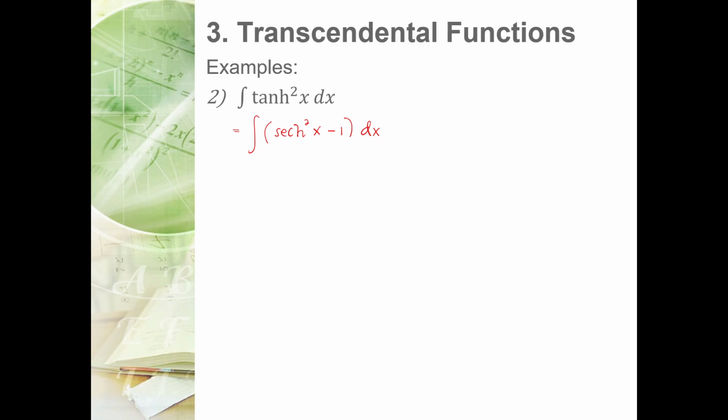So let's try to check. Okay, I think that's a correct answer, the addition there. The hyperbolic identity is 1 minus tangent h squared is equal to secant h squared.